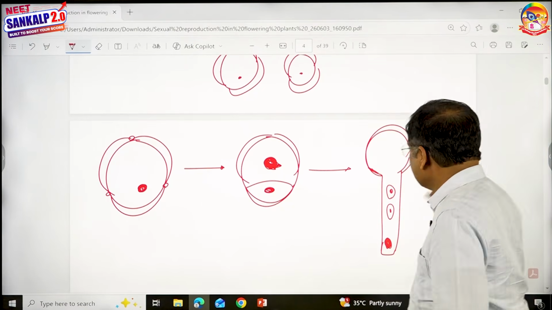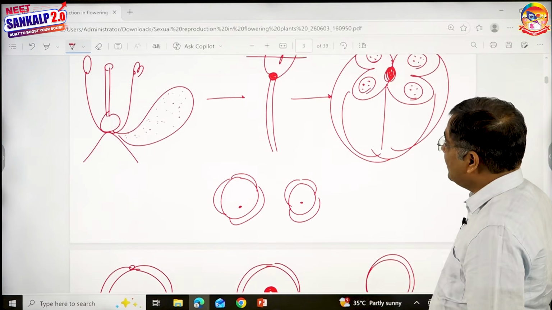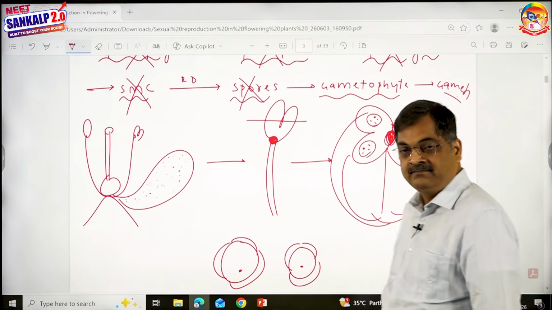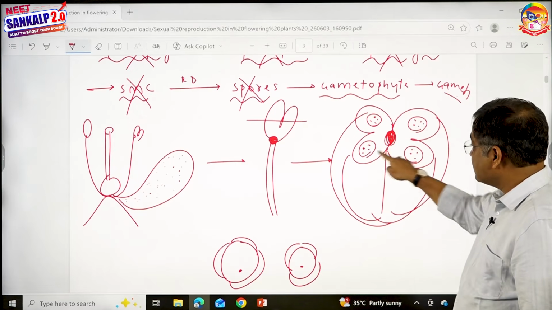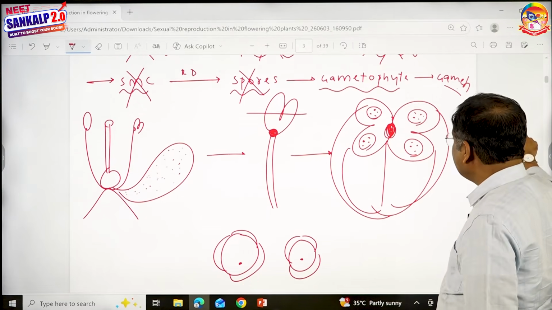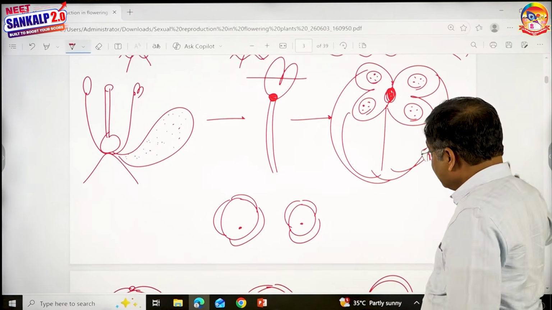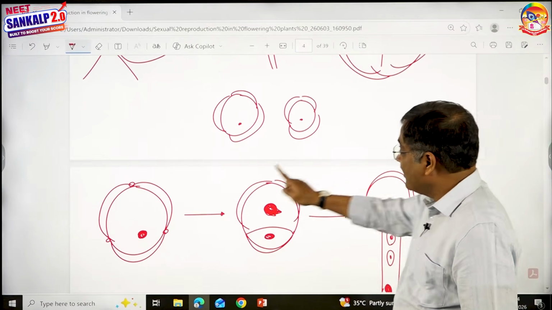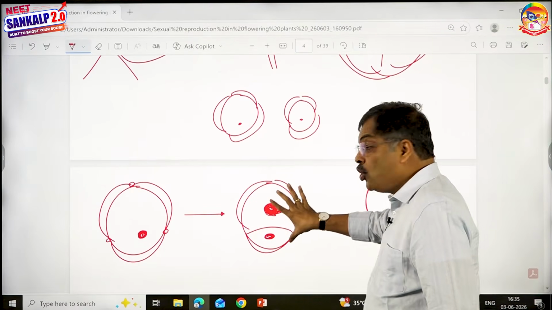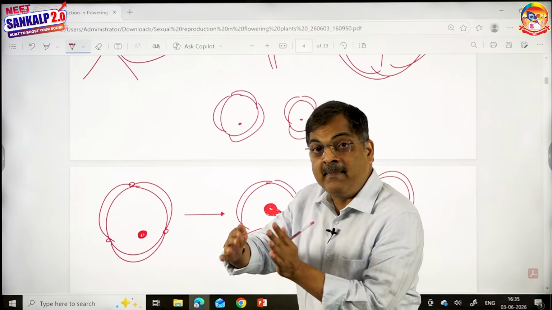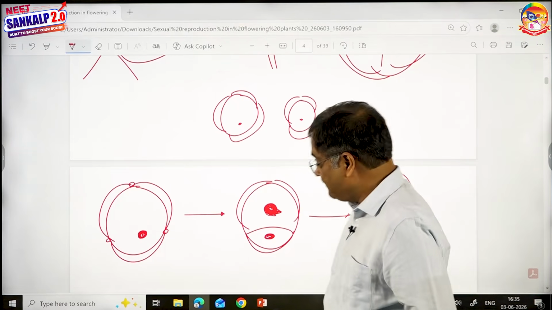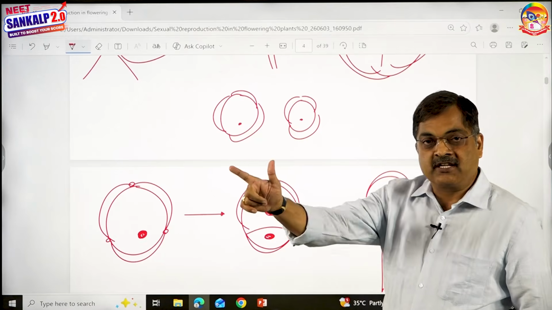Finished. Let us look at all the stages, children. First is sporophyte, yes. Then sporophyll, yes. Then sporangium, yes. Then spore mother cells inside, yes. Then spore or pollen grain, yes. 2-celled pollen grain, partly developed male gametophyte, yes. At this stage, it's liberated.